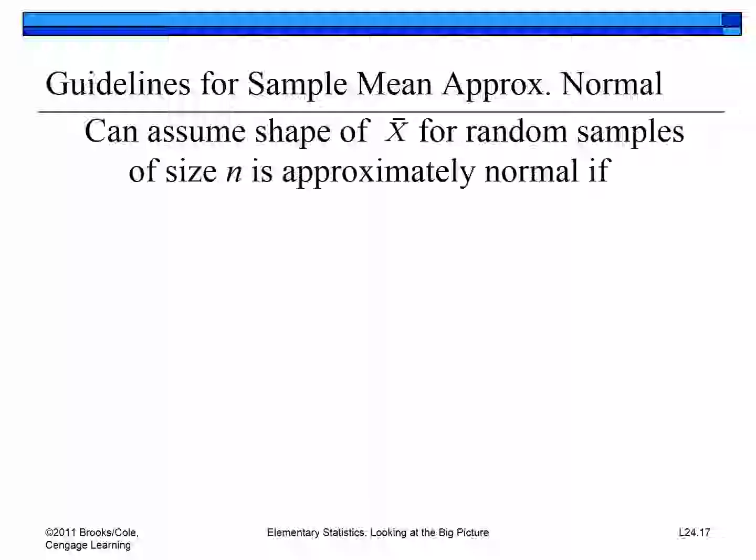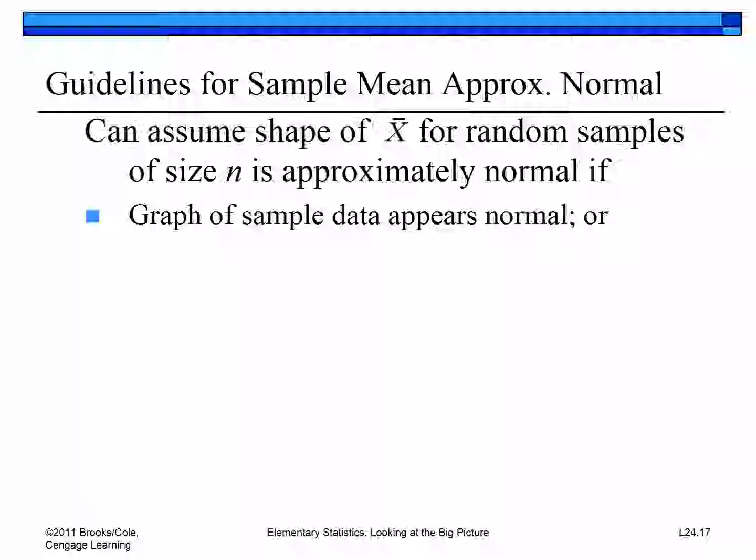Let's take a look at a few guidelines for when the sample mean will be approximately normal. We've seen these before. If the sample data looks normal, we can assume that x bar will be normal.